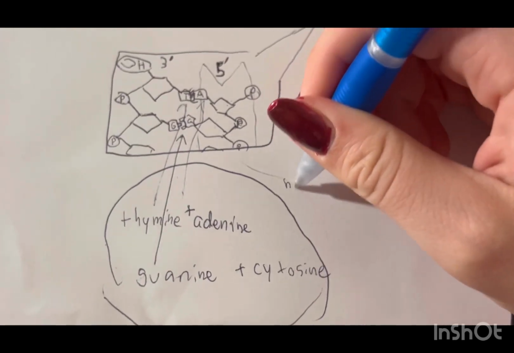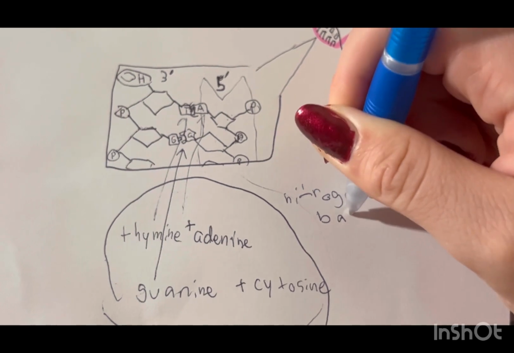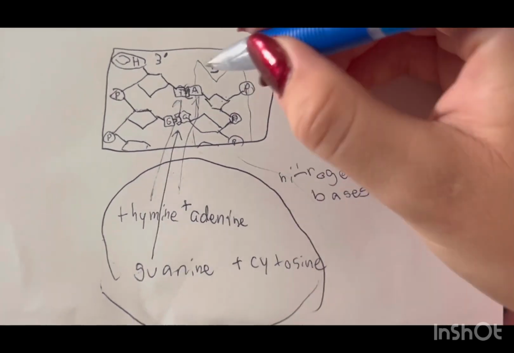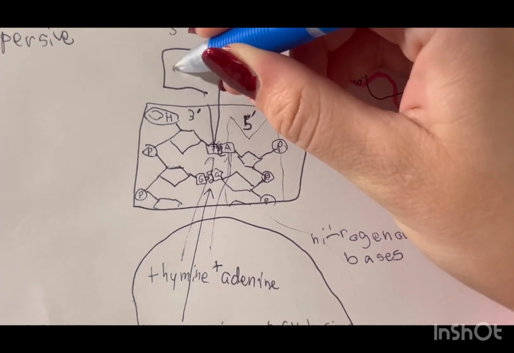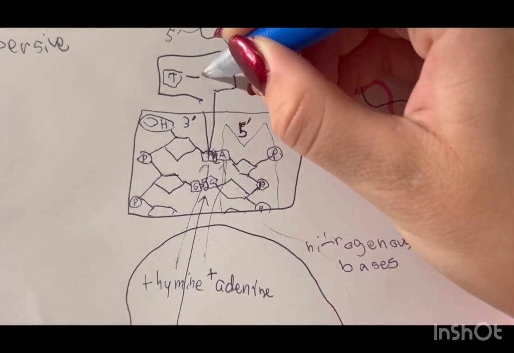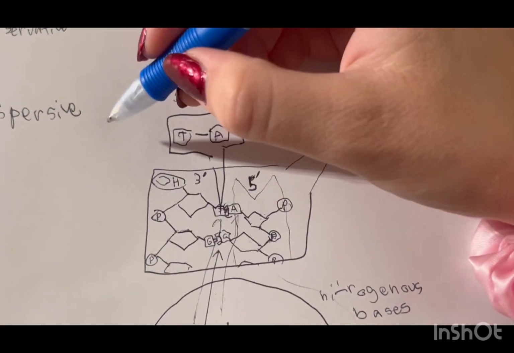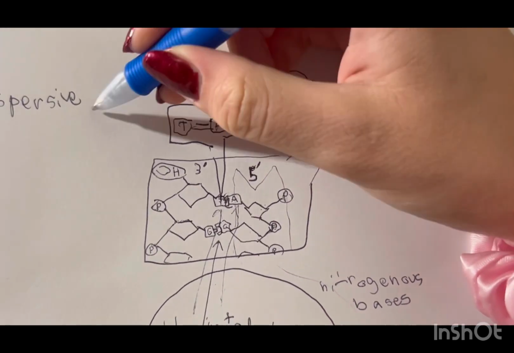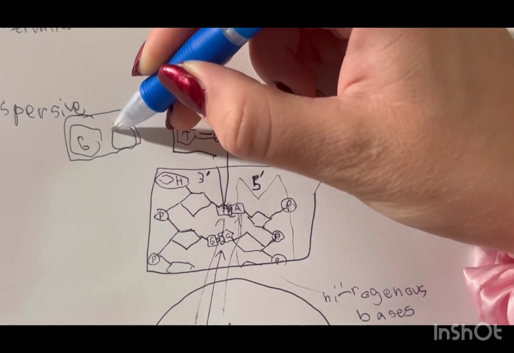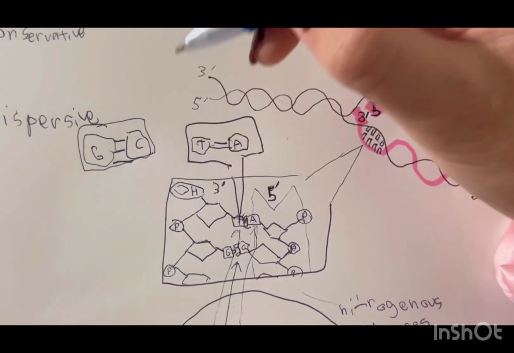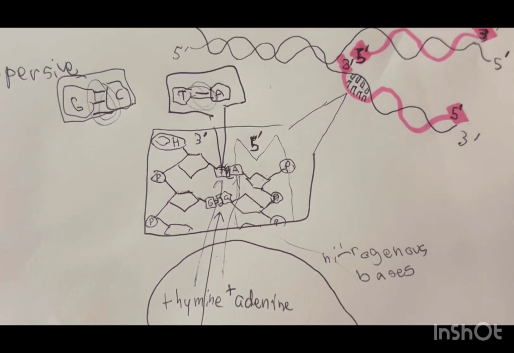So, and then, so those nitrogenous bases, if you zoom into here, you will see that there is an H bond between the T and the A. Wait, I think there was something that said like the T and the A have this many bonds, but then the G and the C have like 3 hydrogen bonds. But I don't know if I have to know that, so 3 here and this many here.